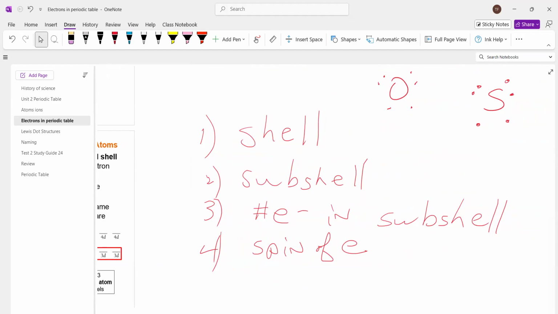Quantum mechanics says that any electron can be described with four parameters. That's the shell, subshell, the number of electrons in the subshell, and the spin of the electron. And when I say spin, I'm talking about the magnetic direction, north or south. These are the four variables for any electron in our universe at this present time.